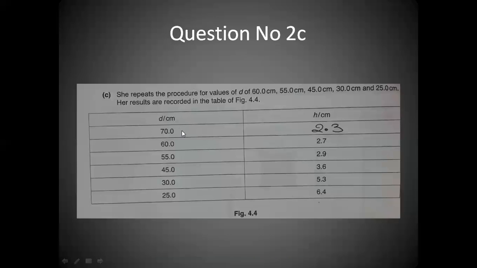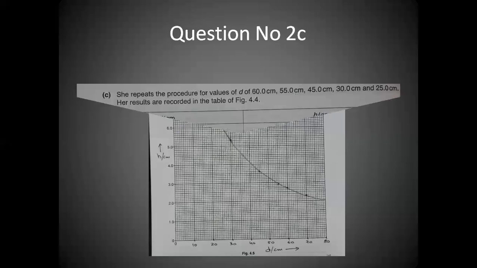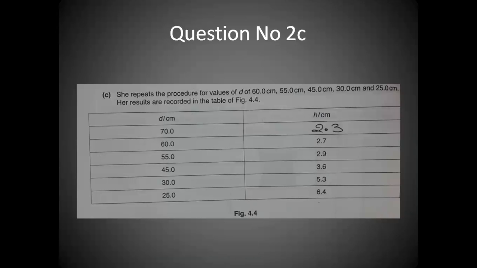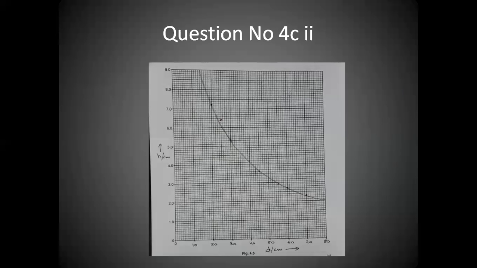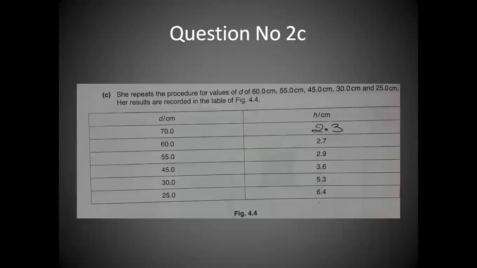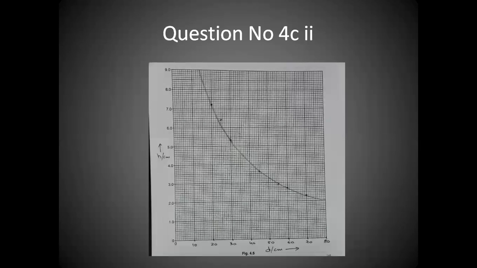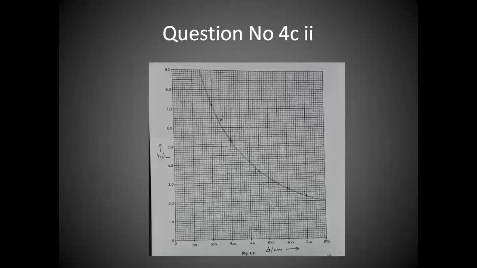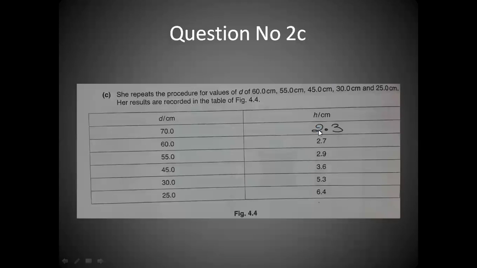And then I will plot this table: at 70, 2.3; at 60, 2.7; at 55, 2.9; at 45, 3.6; at 30, 5.3; and at 25, you will have 6.4.